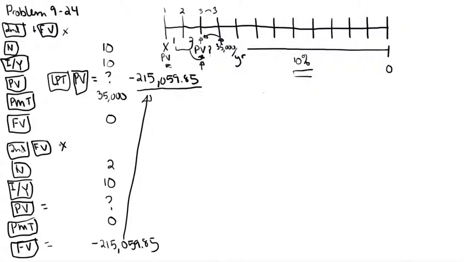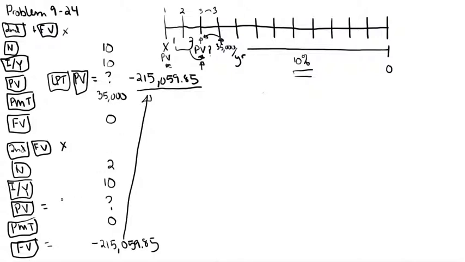Push the future value button. Okay, or you can just enter the positive 215,059.85. It doesn't matter. Remember that the present value will come out to be negative, that's just the way it works. And now we can compute.